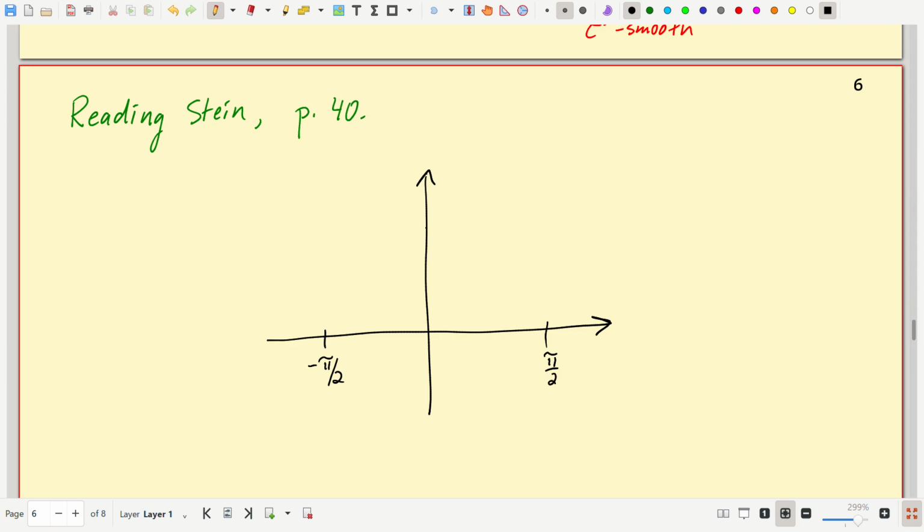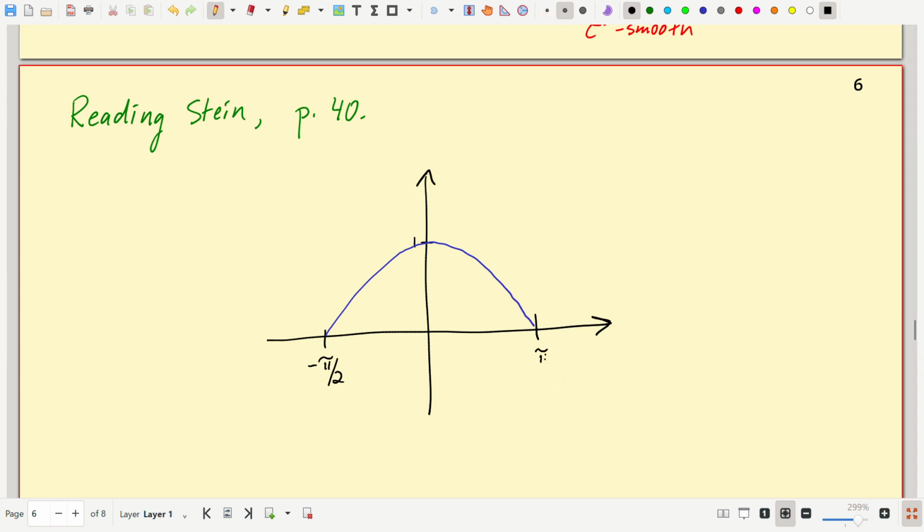Here's 1. The cosine function looks like this. It peaks at 0. That's pi over 2.